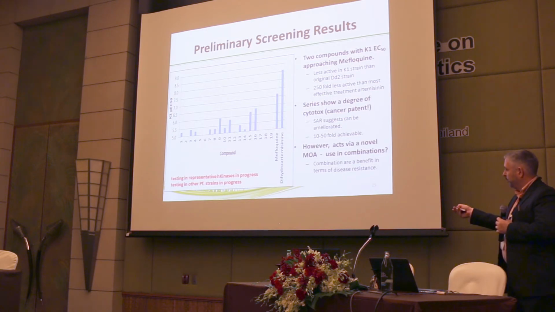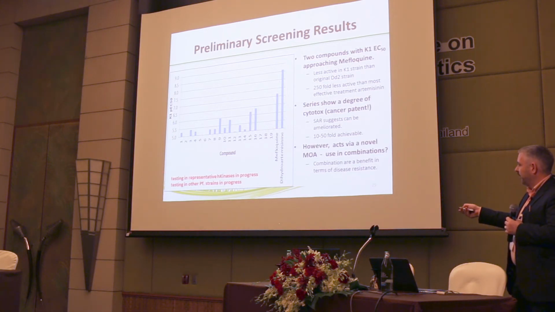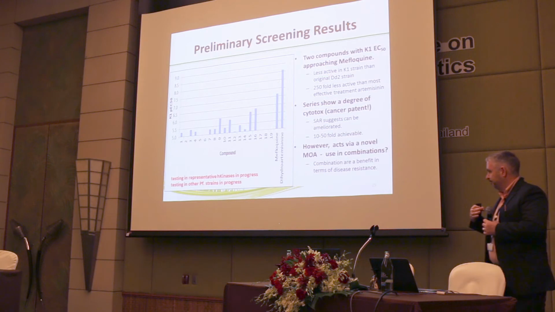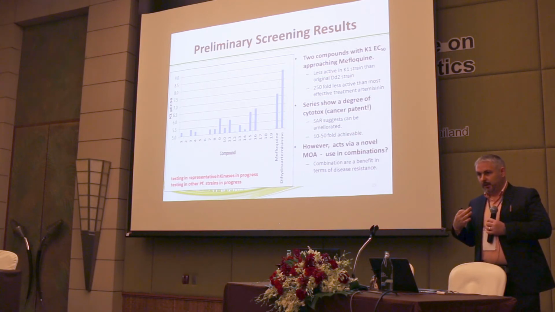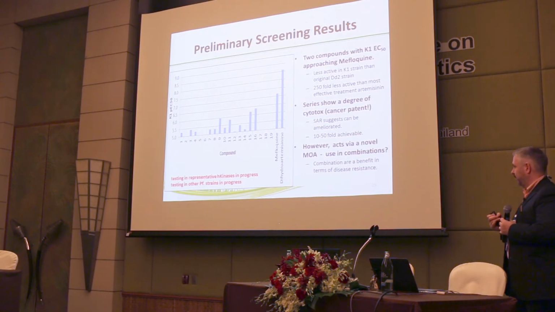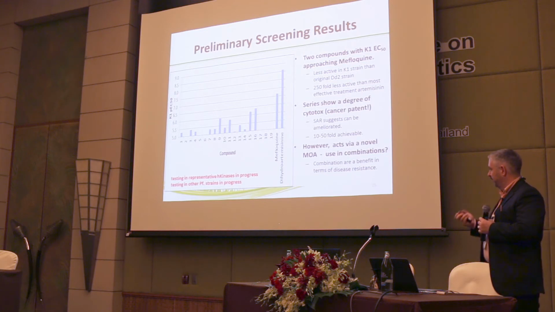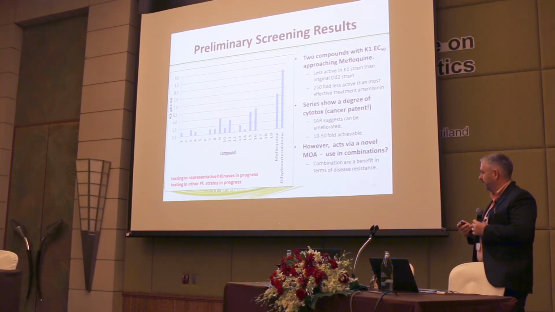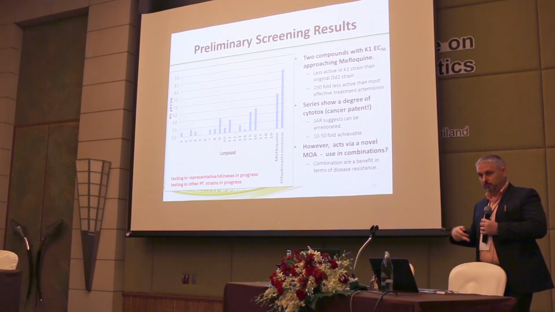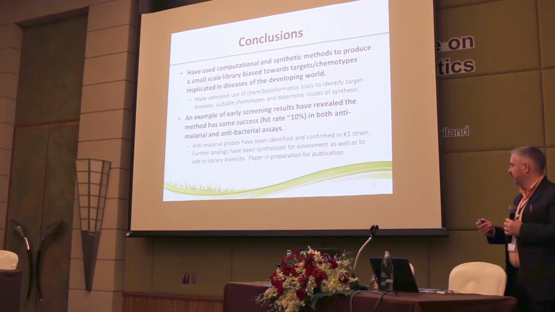At the moment we're testing in representative human kinases to try and understand the difference between these. Testing in the malaria kinome is not necessarily trivial, but that's something we're considering. We're also testing in other Plasmodium falciparum strains to see whether the results are generalizable or not.